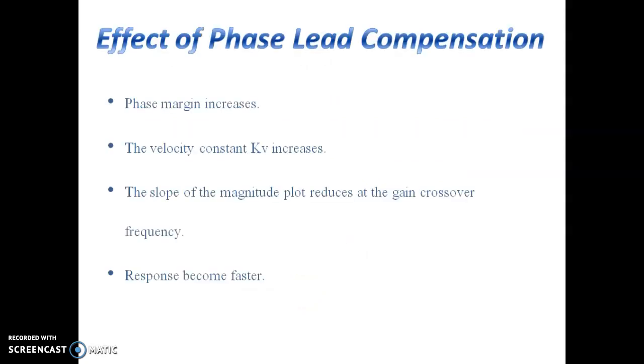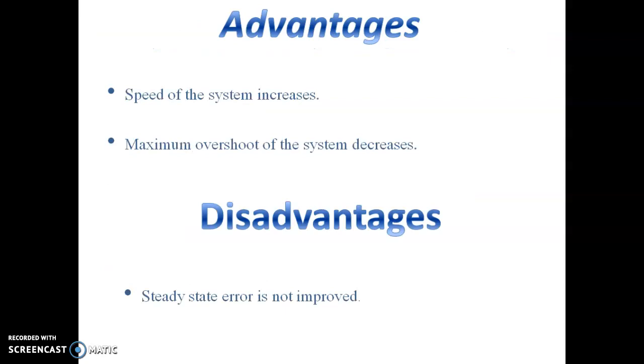So what is the effect of this phase lead compensating? Phase margin increases, velocity constant Kv increases, the slope of the magnitude plot reduces at the gain crossover frequency, then response becomes faster. So these are the effects. Then advantages: due to the presence of the phase lead network, the speed of the system increases because it shifts the gain crossover frequency to a higher value, right?